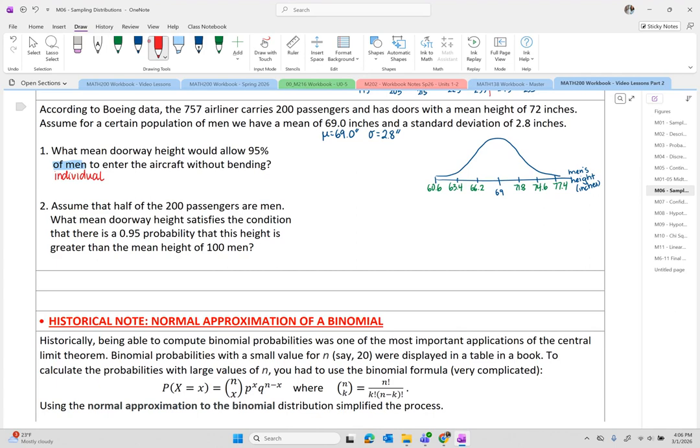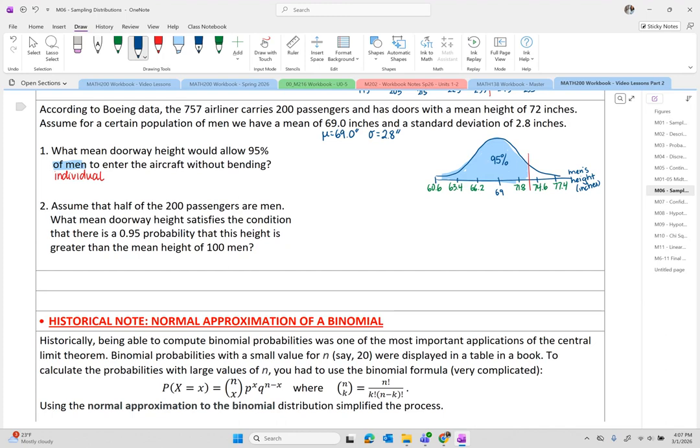And that height will be somewhere between 1 standard deviation and 2 standard deviations above the mean, so that the area below will be 95% of the men who have a distribution with a mean of 69 and a standard deviation of 2.8.